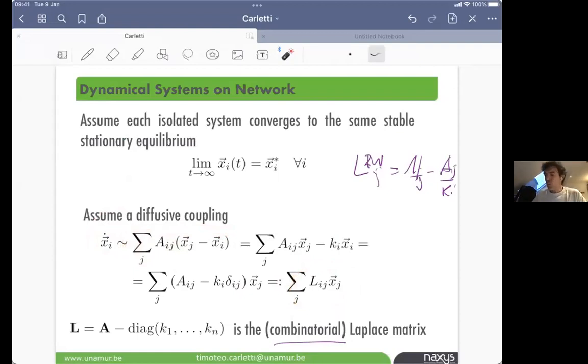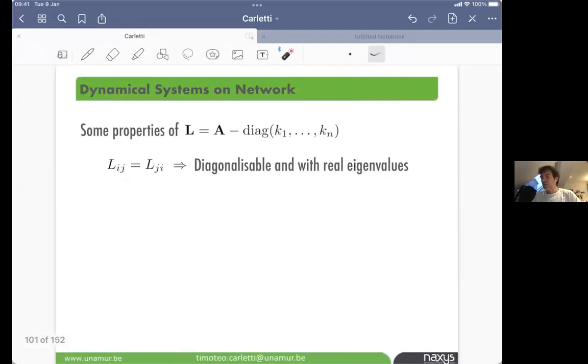Okay, and so once you have the diffusion, the reaction part is simple. Before that, some properties of this Laplacian, then I will add the reaction. So this matrix has the following properties. Of course, it is symmetric because remember L_ij is equal to A_ij minus delta_ij k_i.